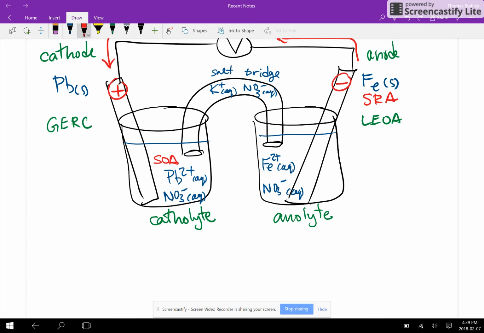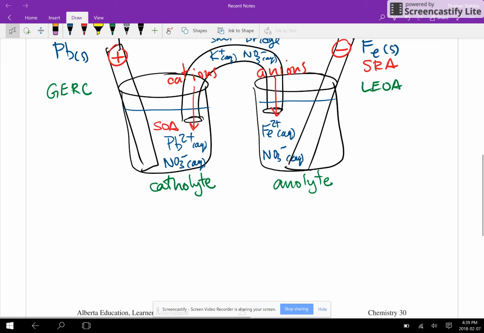So through the salt bridge and from the salt bridge, the cations are going to flow toward the cathode, and the anions are going to flow toward the anode. So they flow to their respective electrodes.